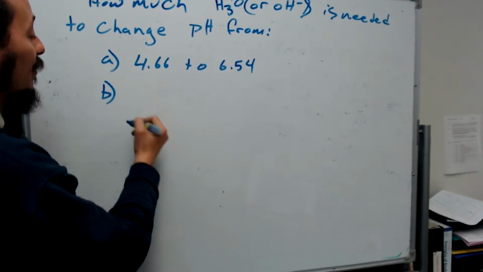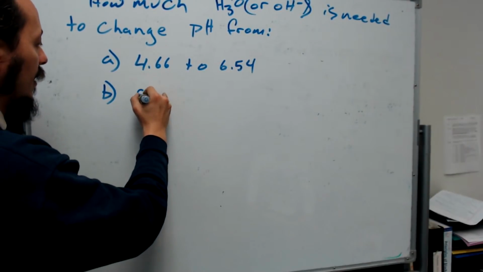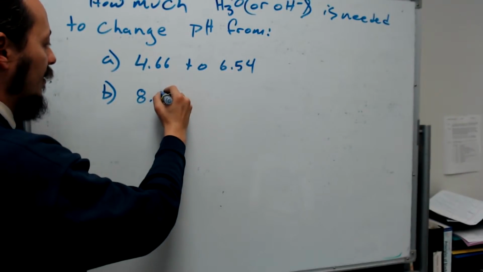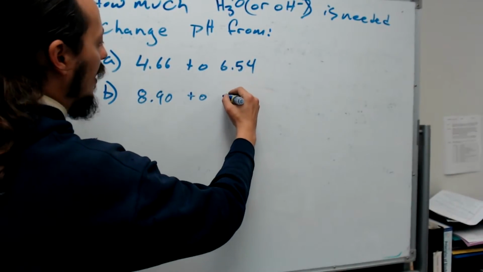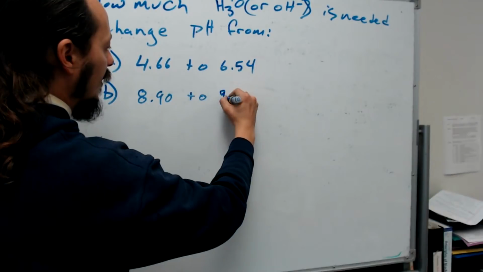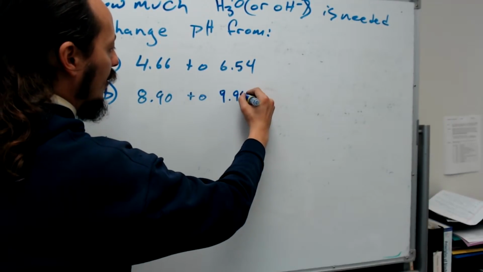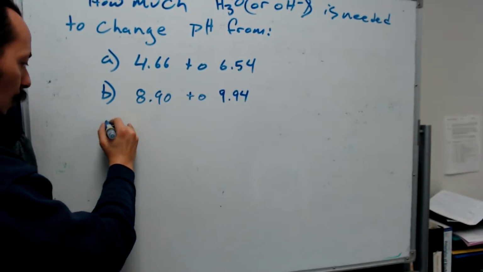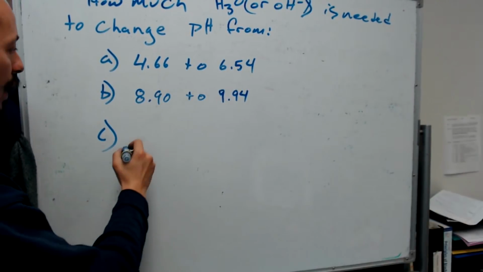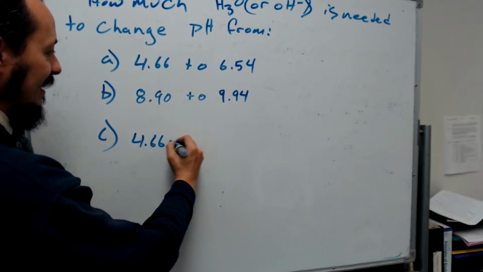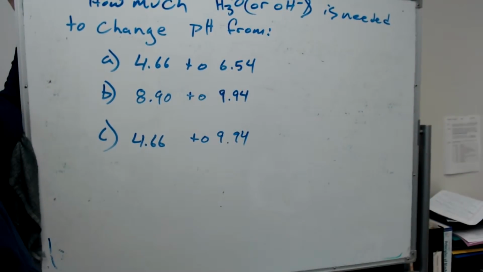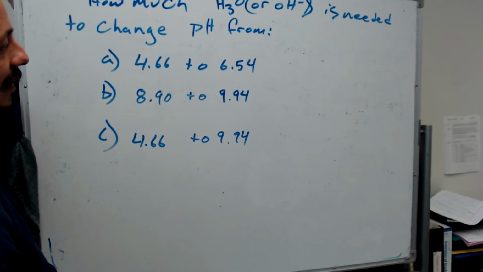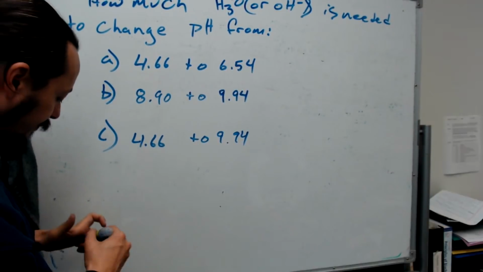We could think of going from 8.90 to 9.94. We could also think about going from 4.66 to 9.94. Each of these has a different situation going on.